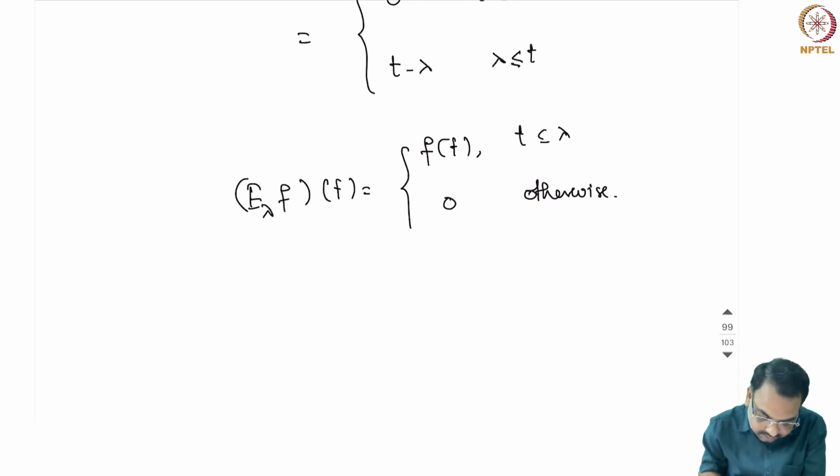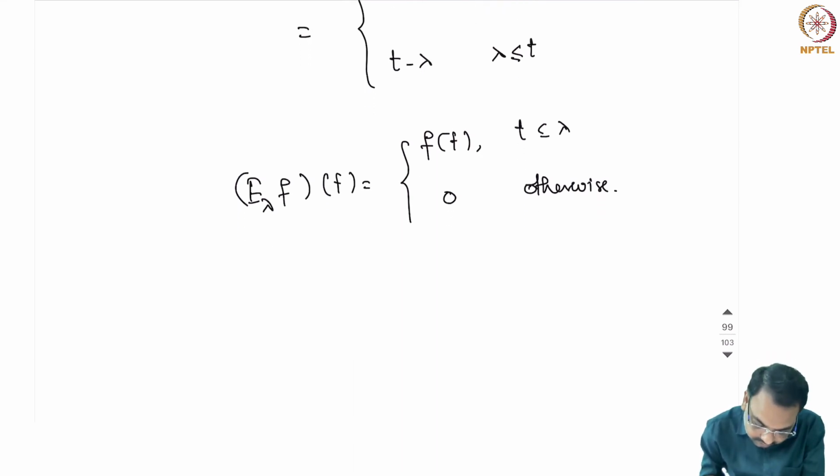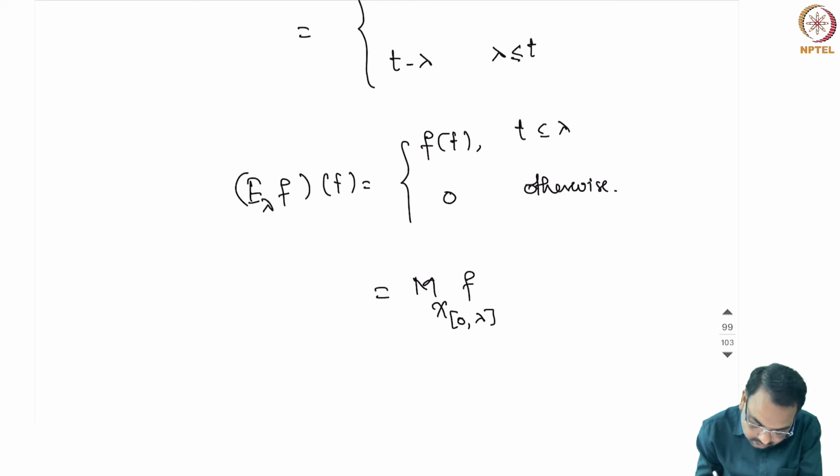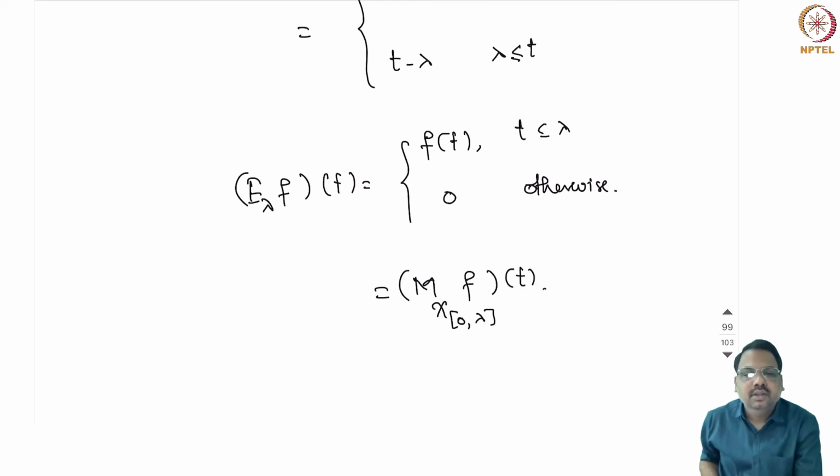Now this we can write as the multiplication operator induced by the characteristic function on [0, lambda]. That means the spectral family generated by M_phi in this case is nothing but the multiplication operator induced by the characteristic function supported on [0, lambda].